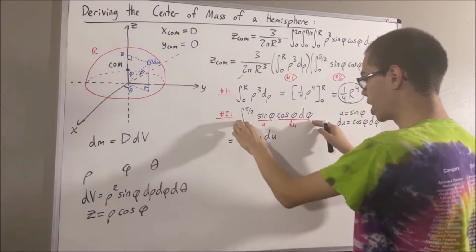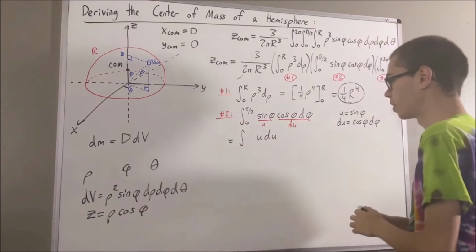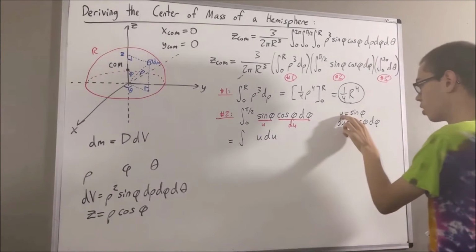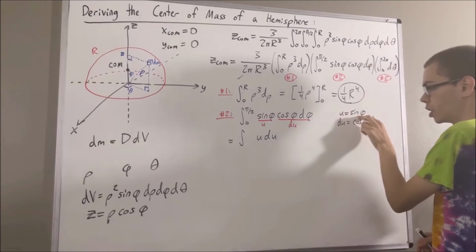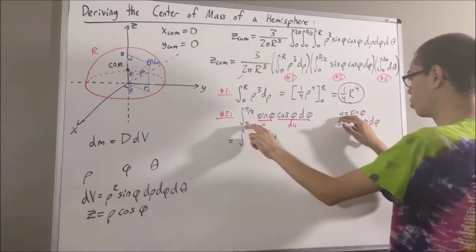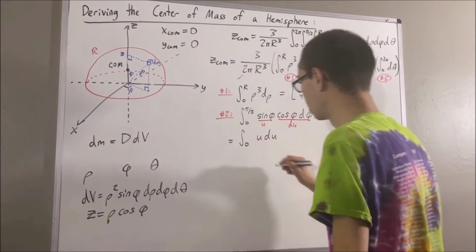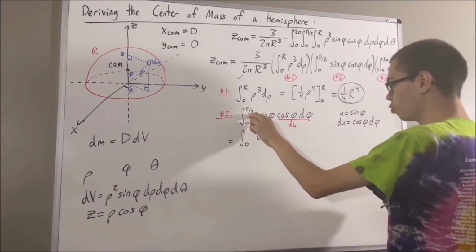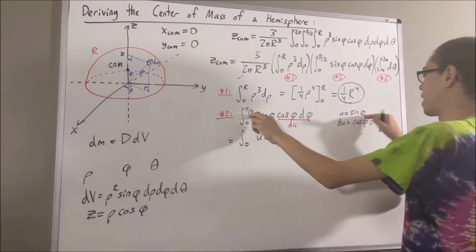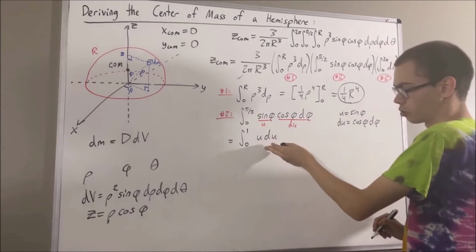But remember, when we change variables, we have to think about what our bounds of integration become. Well, we can use the relationship between phi and u to determine that. We see when phi equals 0, u is equal to sine of 0, which is just 0. And when phi is equal to pi over 2, u is equal to sine of pi over 2, which is just 1.